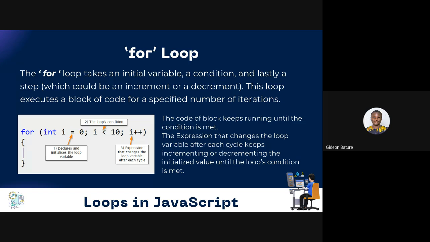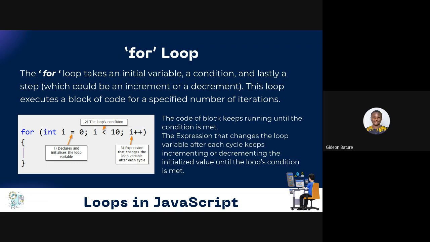For the for loop, always know that it takes number 1, an initial, number 2, a condition, and number 3, they call it steps, or as you can see from this screenshot, it says loop cycle. Put it at the back of your mind.